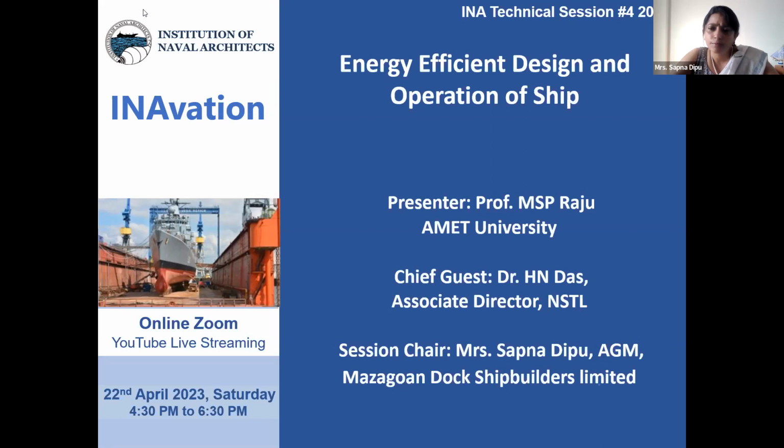I think if anyone from the class is in this forum, they can answer very well. If nobody is there, then I can answer also, right? Basically, the CII, that is carbon intensity indicator, is applicable from January 2023, and it is required for one year.